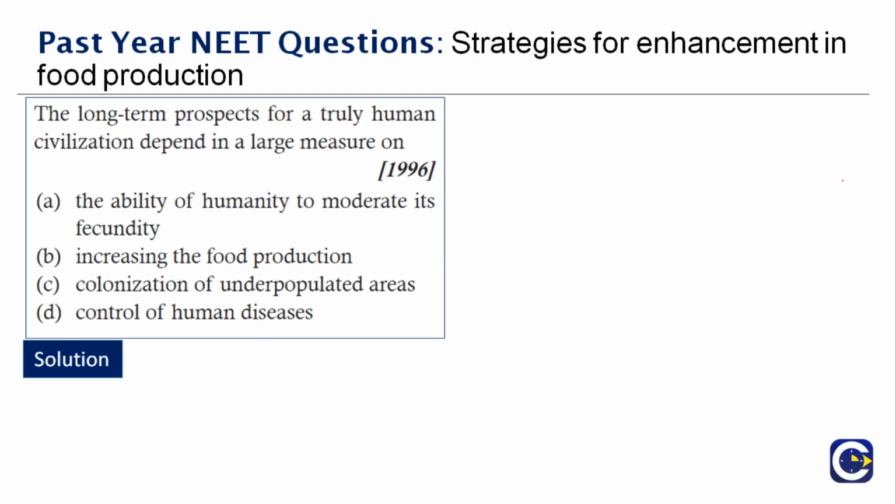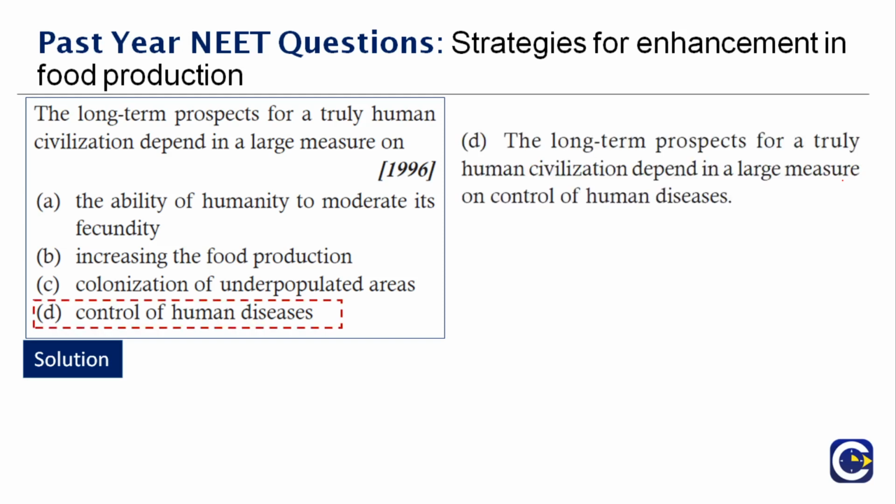No. Increasing food production, that is also needed, but apart from that, what is the main cause when it comes to a human civilization? It is the control of human diseases. Okay, the long-term prospects of a truly human civilization depend on the large measures that we need to take in order to control human diseases. Therefore, the right answer to this question is option D.